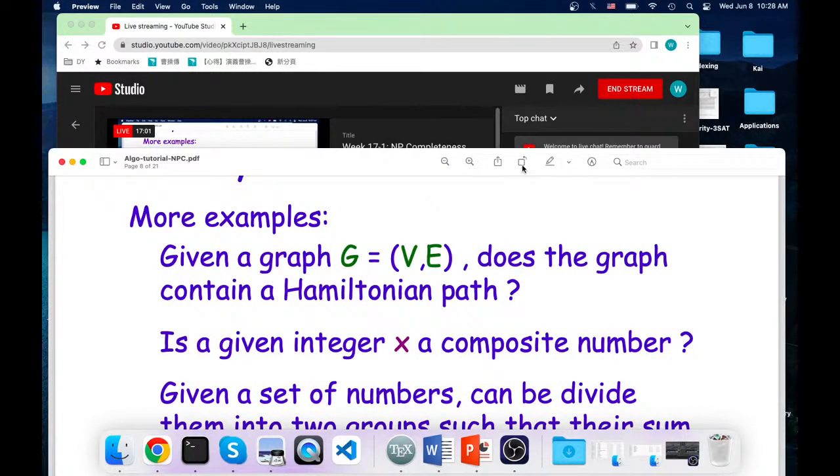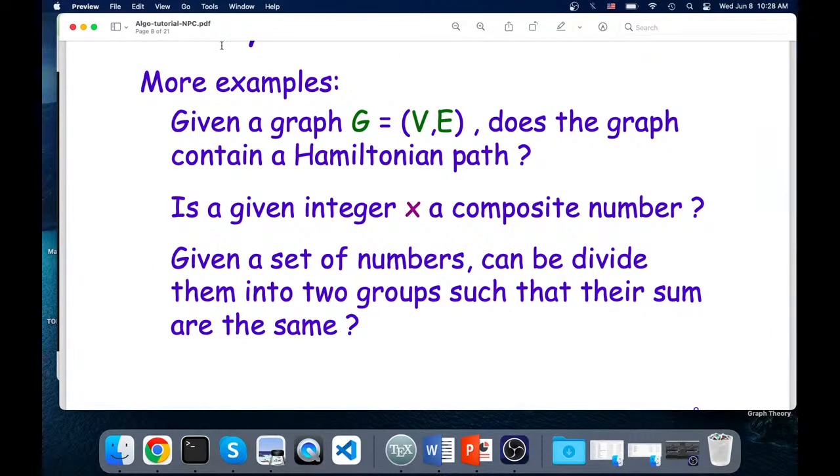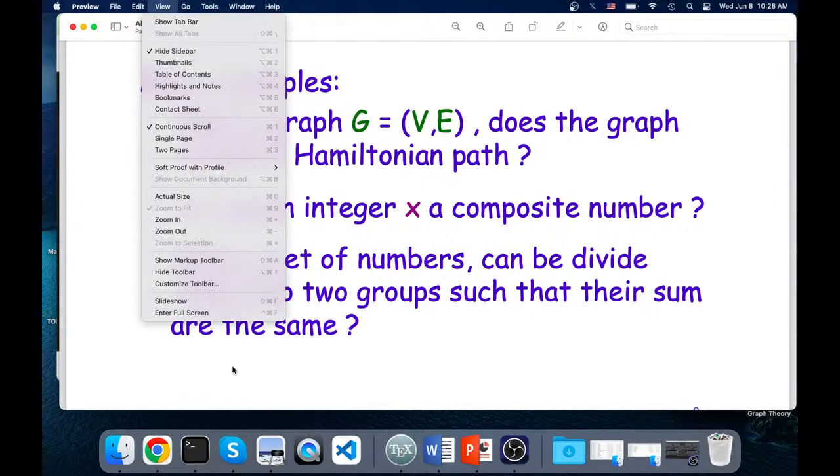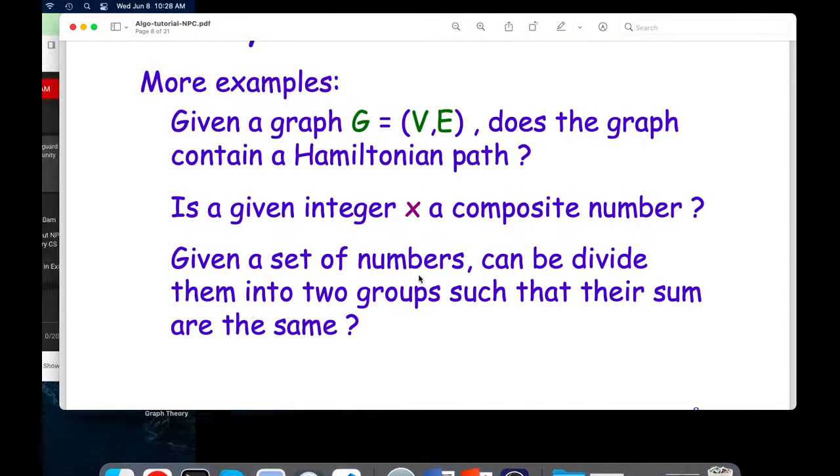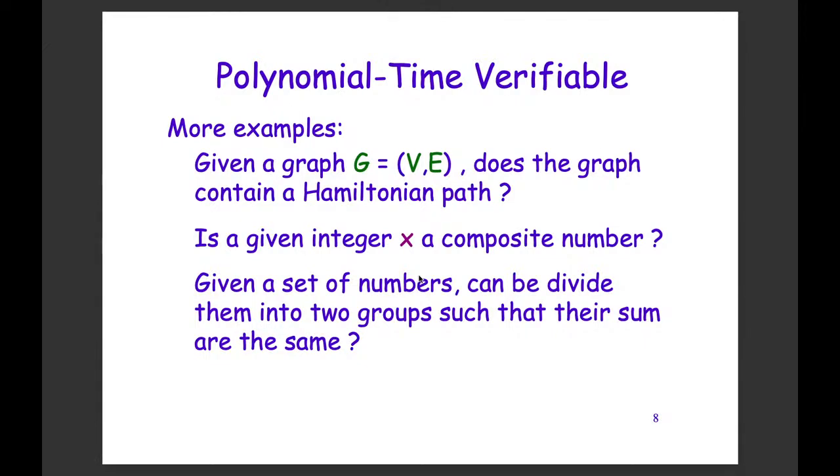So if there is a way that we can guess the proof and then after that check the proof, the guessing part doesn't take time. Imagine you can guess very smartly: whenever it is a yes answer, we can guess what kind of proof can tell us that it is a yes.